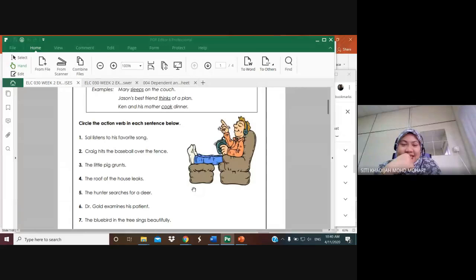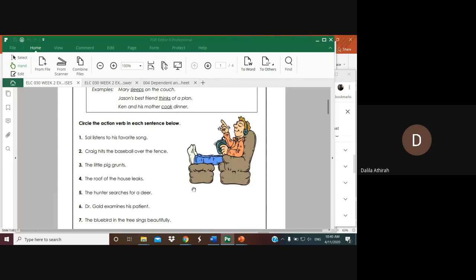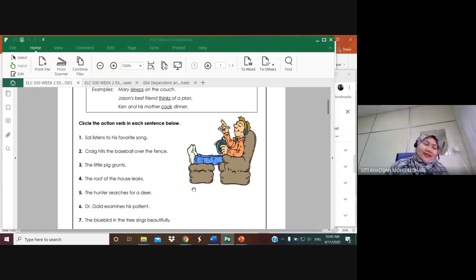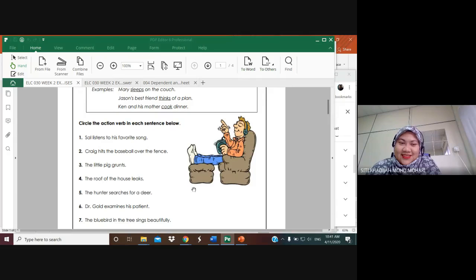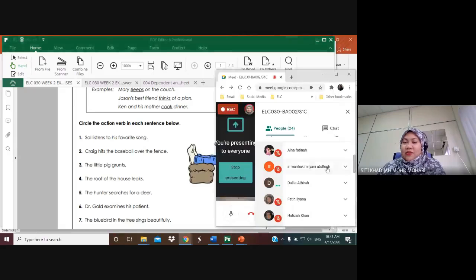The answer is leaks. Very good. What does grunts mean? Kalau bahasa Melayu dia apa? Grunts. Tak sure. Everyone, nanti refer to dictionary. Make sure you know what grunts means. Hopefully you do know what leaks means.